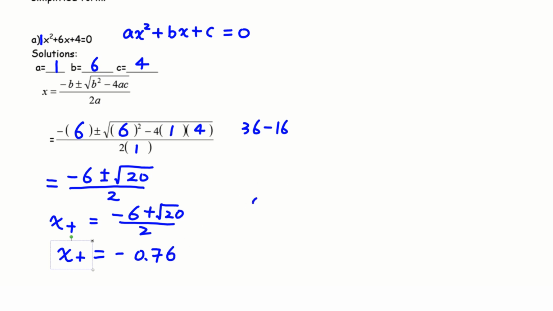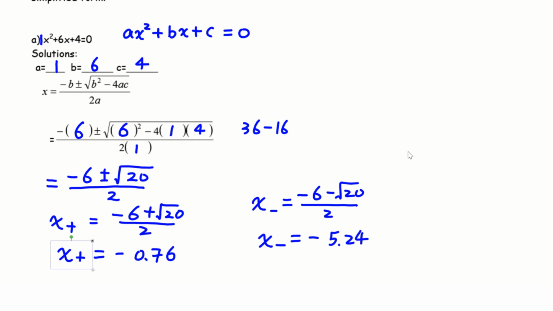And for the minus, we do the same thing. It will be negative 6 minus square root 20 divided by 2. Then use your calculator, you will find out x minus gives you negative 5.24.